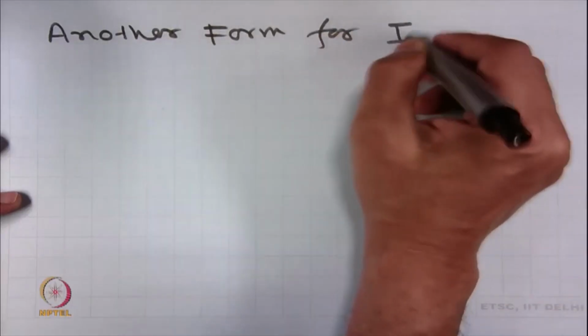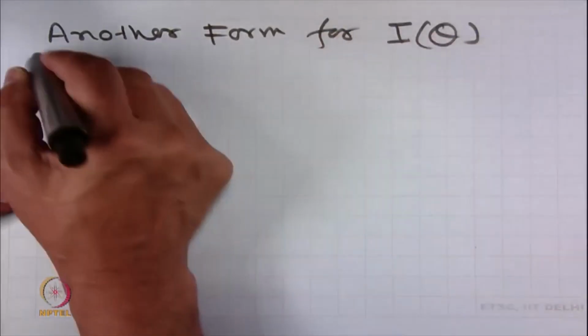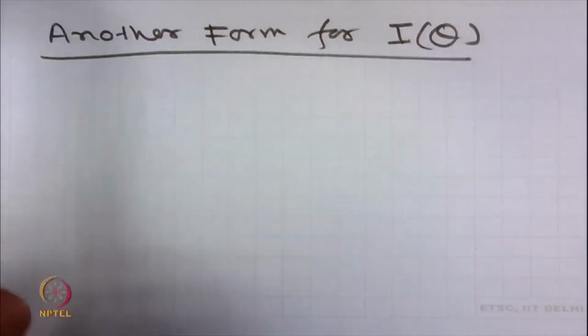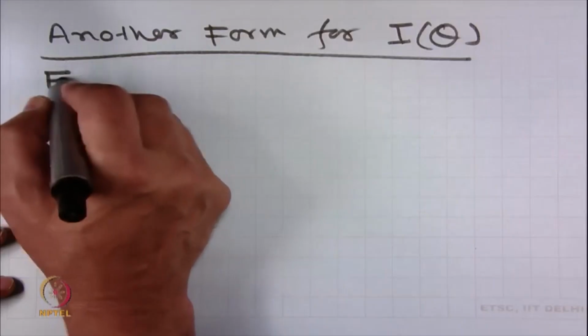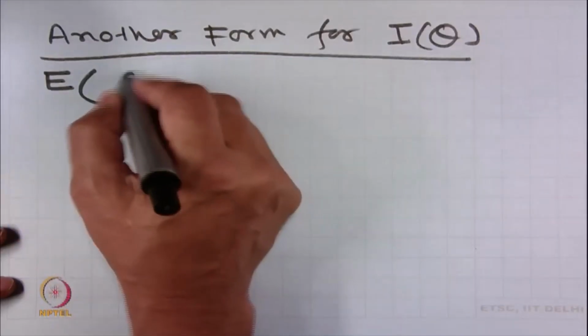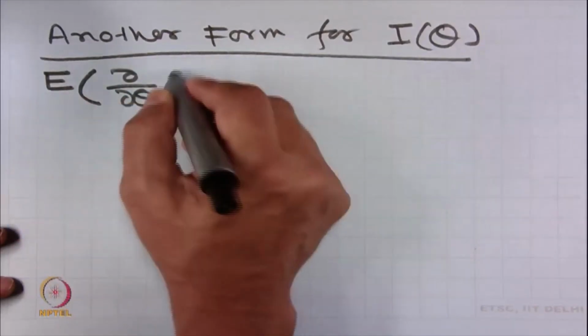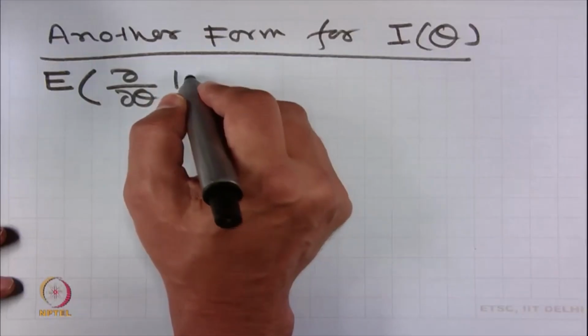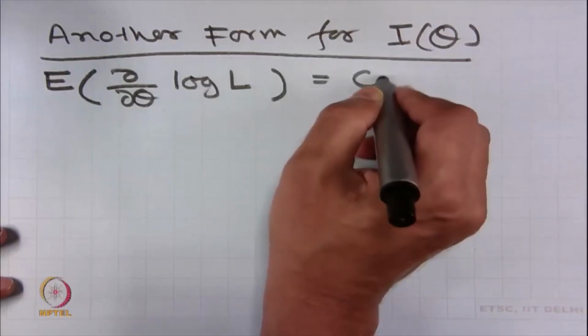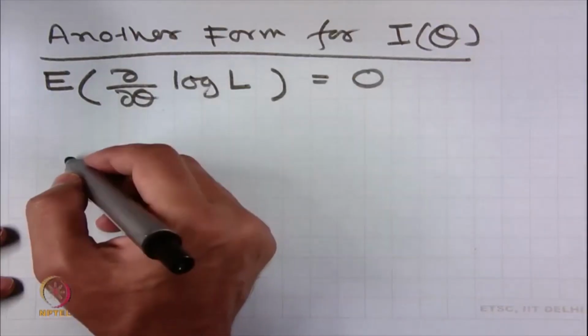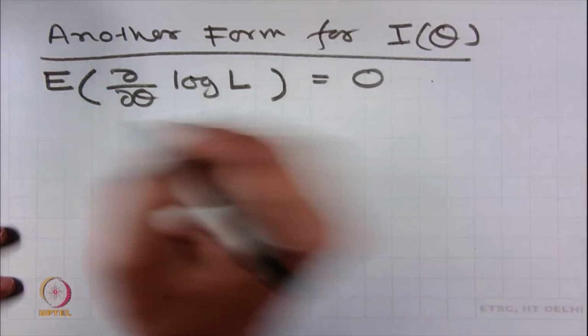Now, let me discuss another form for I theta. We know that expected value of del del theta log L is equal to 0. We have already seen that.